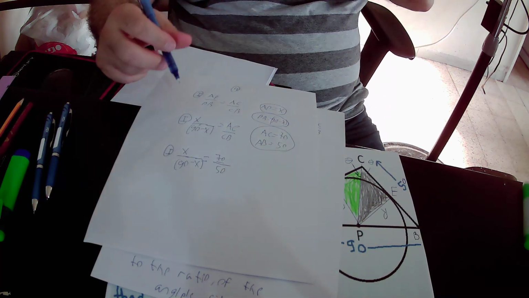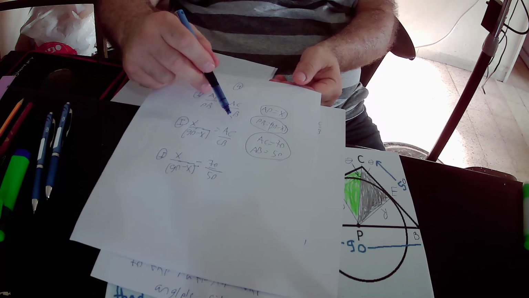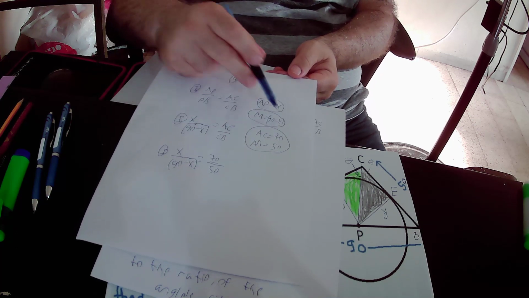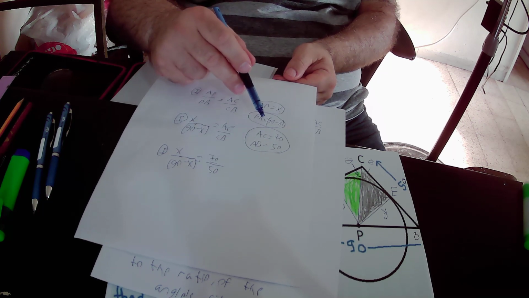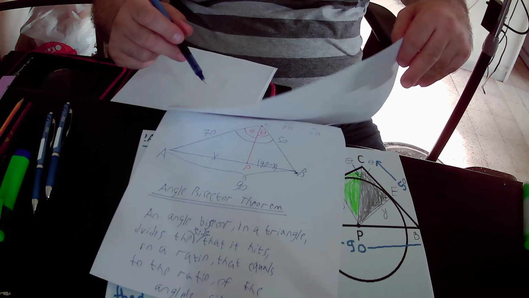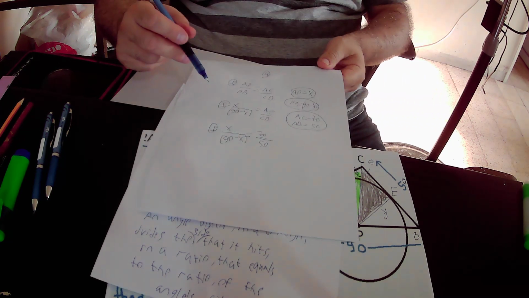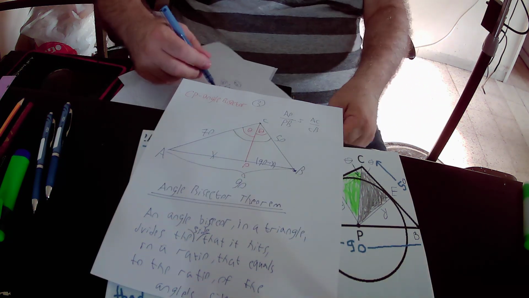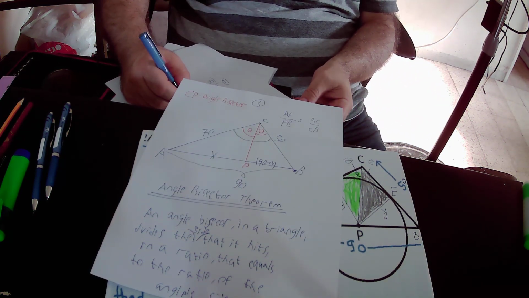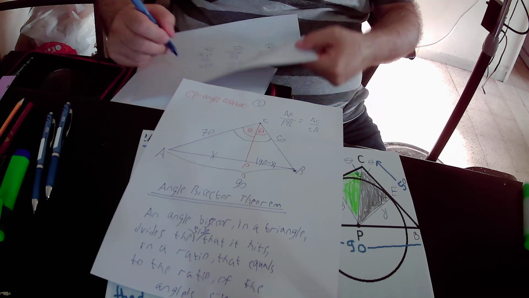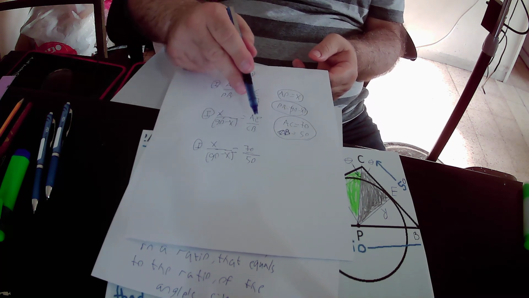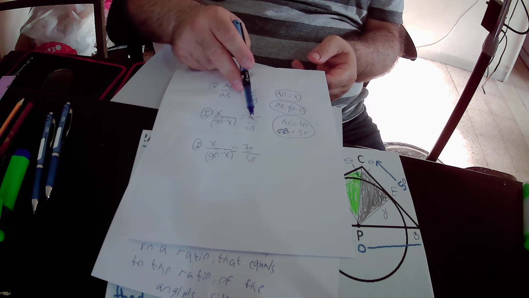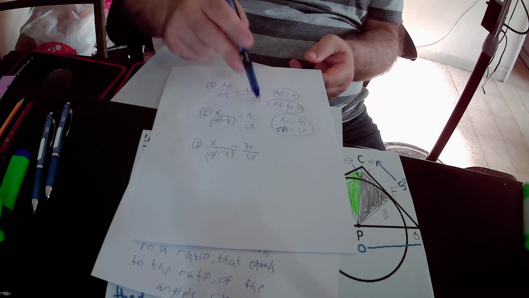I substituted AC by 70 because AC equals 70, and CB by 50 because CB equals 50.